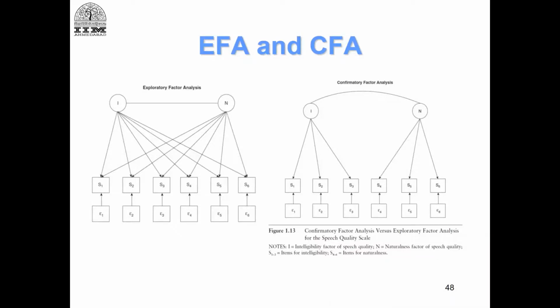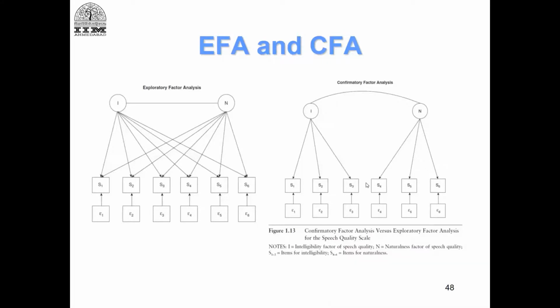Now, when you use those items, what you've got to do in your sample, the data that you have collected, is this. Let's say the author in his or her paper had said that S1, S2, S3 belong to I and S4, S5, S6 belong to N, right?